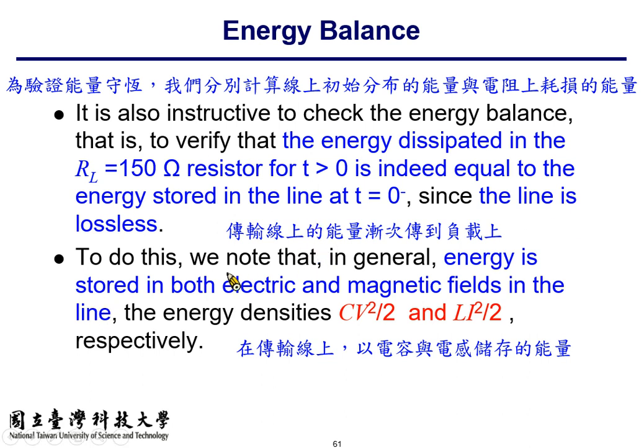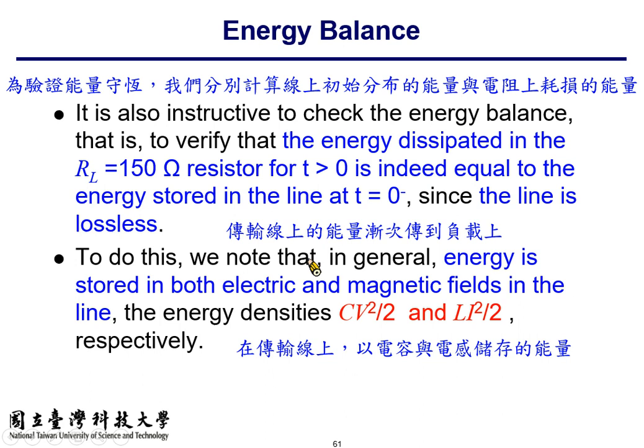So what happens? In terms of physics, the energy is delivered to the resistor as time progresses. The energy density on the transmission line can be interpreted in terms of per unit length capacitance and per unit length inductance. In transmission line theory, they are stored in inductors and capacitors.